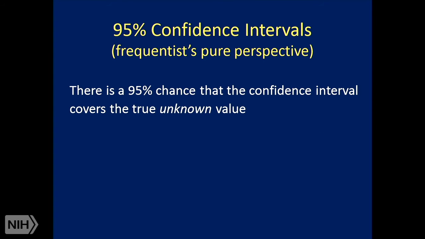But the frequentist, if you want to be pure about it, would say there is a 95% chance that the confidence interval covers the true unknown value. So basically the frequentists say, well, the true unknown value doesn't move. The true unknown value is fixed. We just don't know it, but it's fixed. And it's the confidence interval that moves, because if you do different clinical trials, you're going to get different confidence intervals.